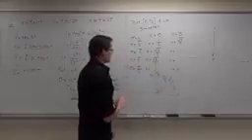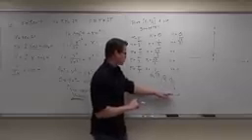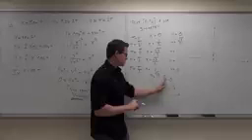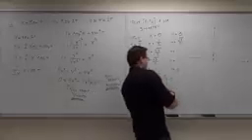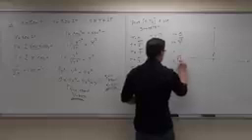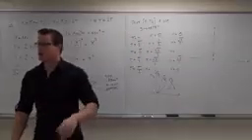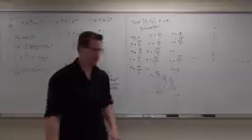So where is 2 pi over 3? This would be pi over 3, and then this would be 2 pi over 3. So it's root 3 over 2. Double check that for me, make sure I'm not wrong. Am I right? That's right.